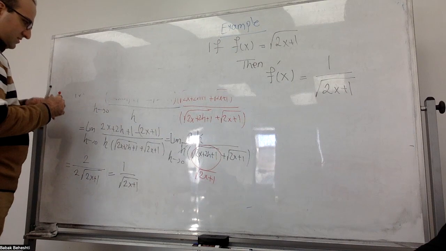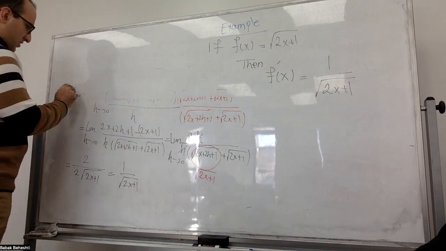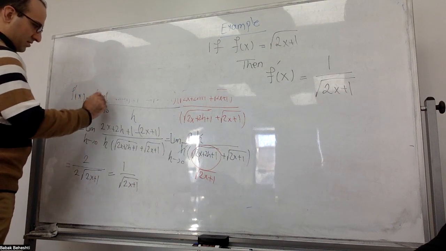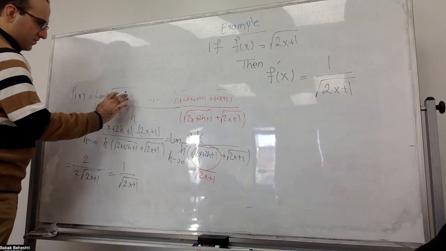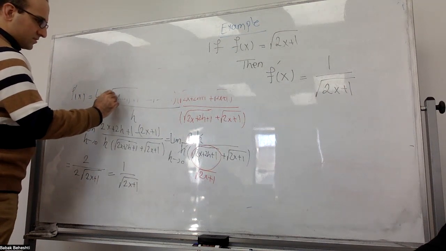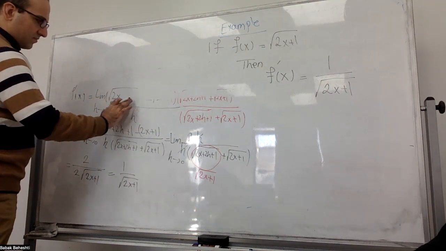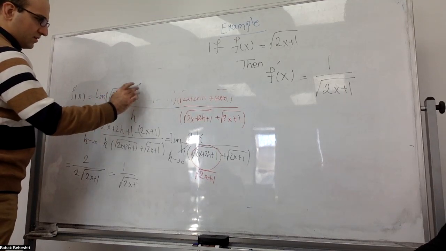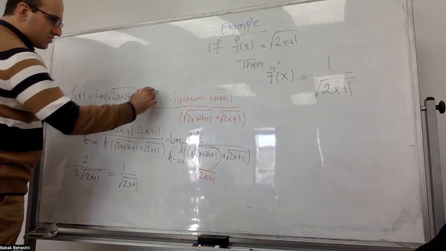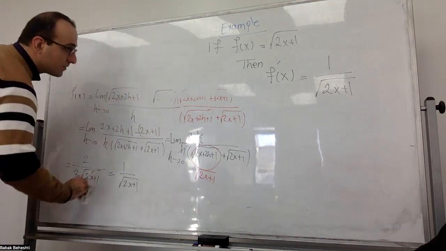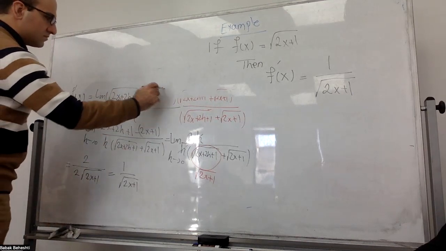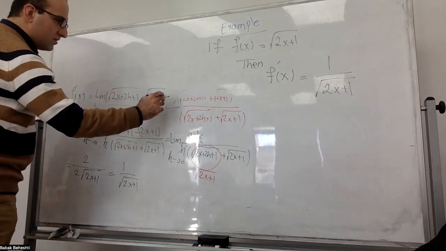So this was f prime of x equal to the limit of root 2x plus 2h plus 1 minus root 2x plus 1.